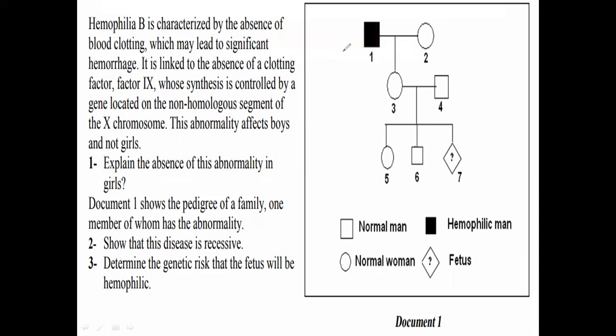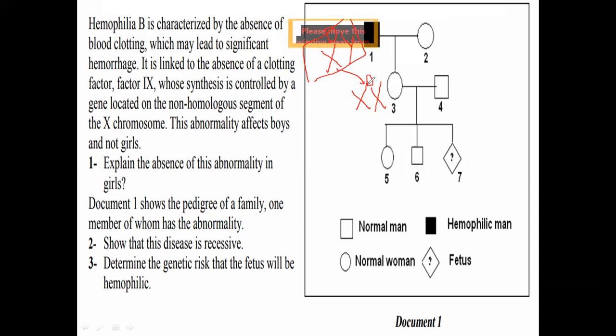How? This individual is male. He carries the allele of the disease, so he's XY. And this individual 3 is XX. If the allele of the disease is dominant, let's say it's dominant, D capital, then individual 1 would be XD Y, so he should transmit XD to the female 3, who should be affected.